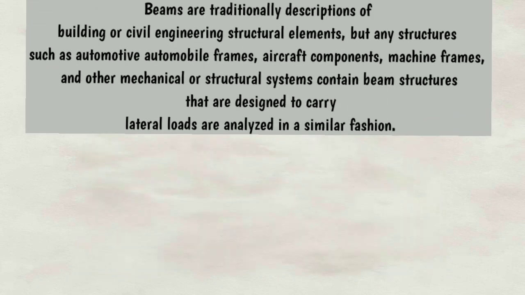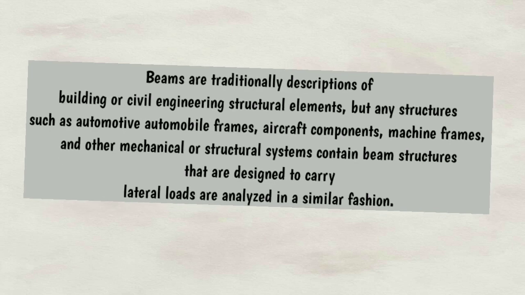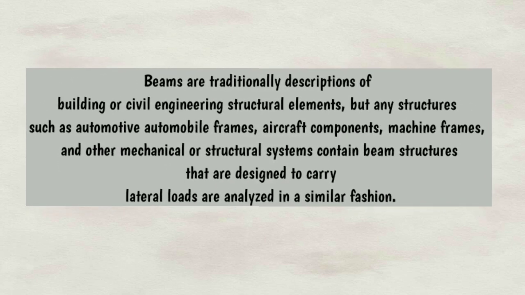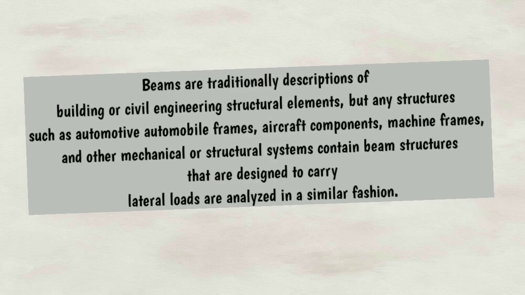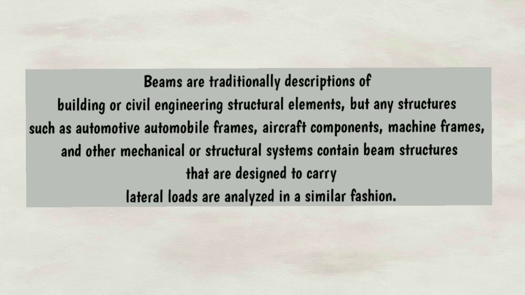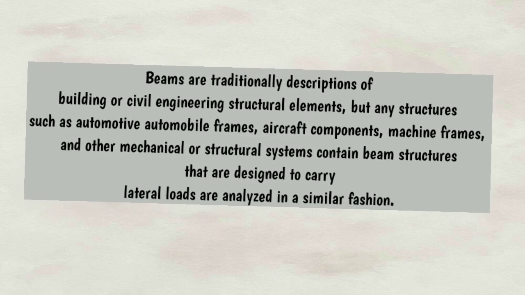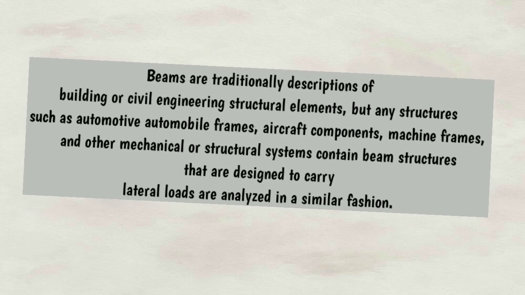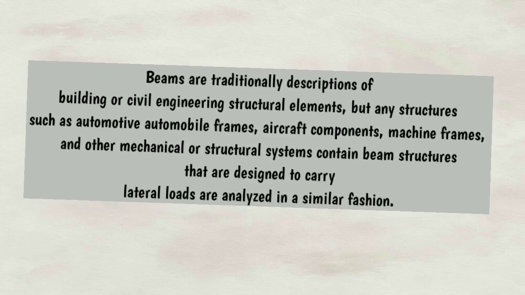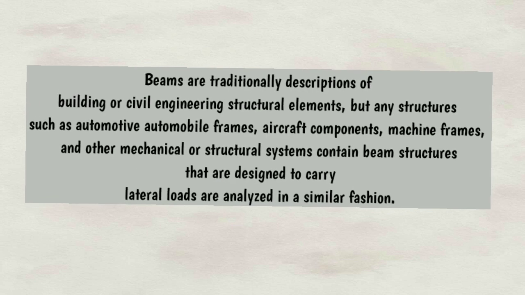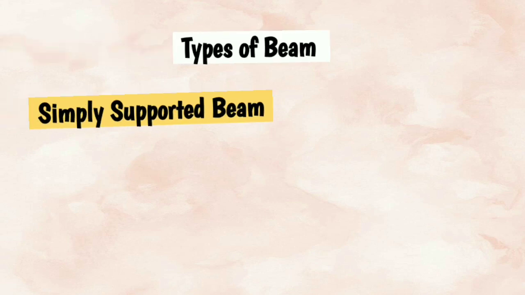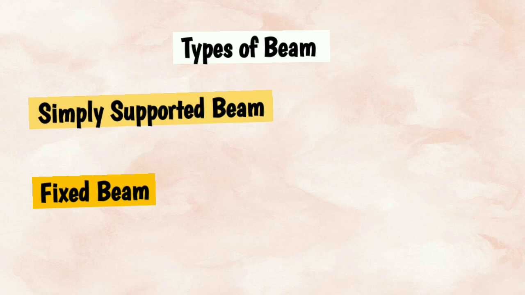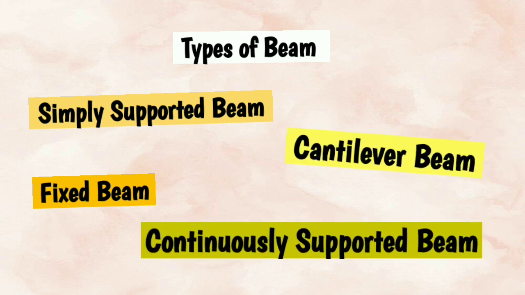Beams are traditionally described as building or civil engineering structural elements, but any structure such as automobile frames, aircraft components, machine frames, and other mechanical or structural systems contain beam structures that are designed to carry lateral loads and are analyzed in a similar fashion. Types of beam: simply supported beam, fixed beam, cantilever beam, continuously supported beam.